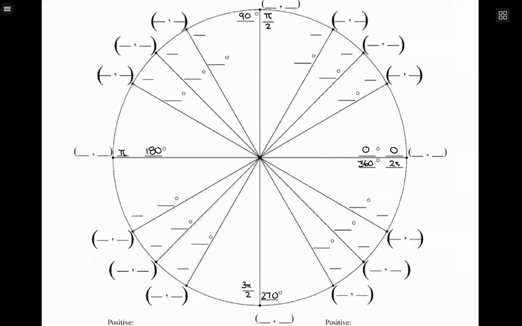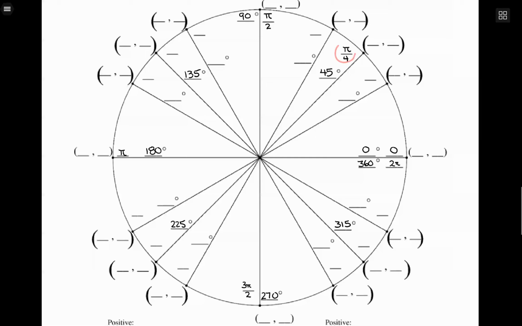All right, then from there, I'm going to go ahead and fill in the 45s. So 45 degrees plus 45 is 90, plus 45 is 135, plus 45 is 180, 225, 270, 315, 360. Now in radians, those are units of pi over 4.